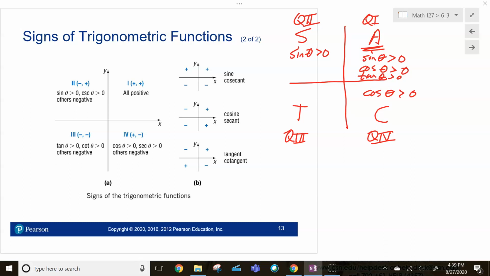Now, in quadrants 2 and 3, your cosines are negative, because that's where your x's are negative. Your tangent's positive in quadrant 3 because the sine and the cosine are negative, and a negative over a negative is a positive.